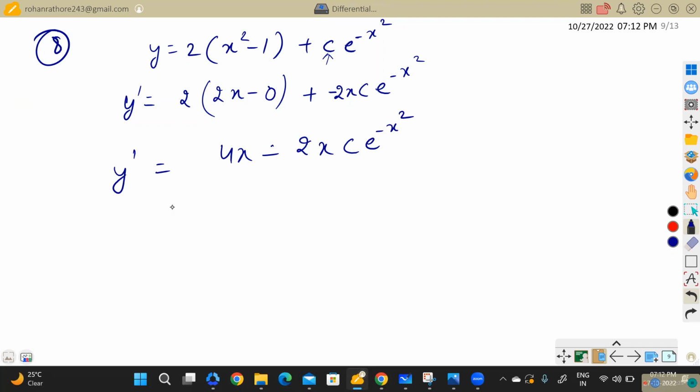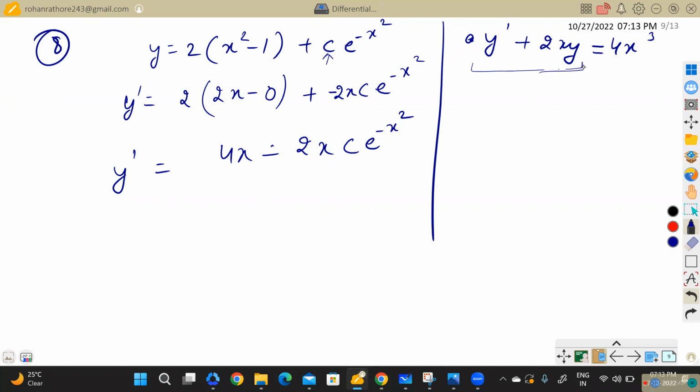So here what we can do is we just have the value of y dash. Why don't we just put it in the equation this time? Okay. The equation is y dash plus 2xy gives 4x cube. So let's solve the left hand side by substituting the values and trying to get the 4x cube term.